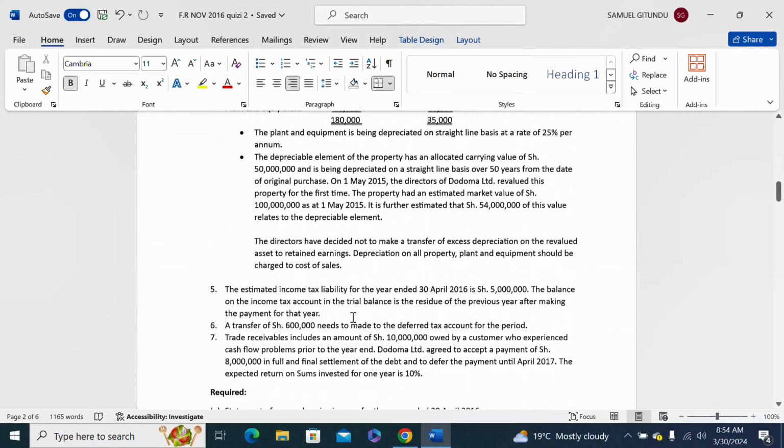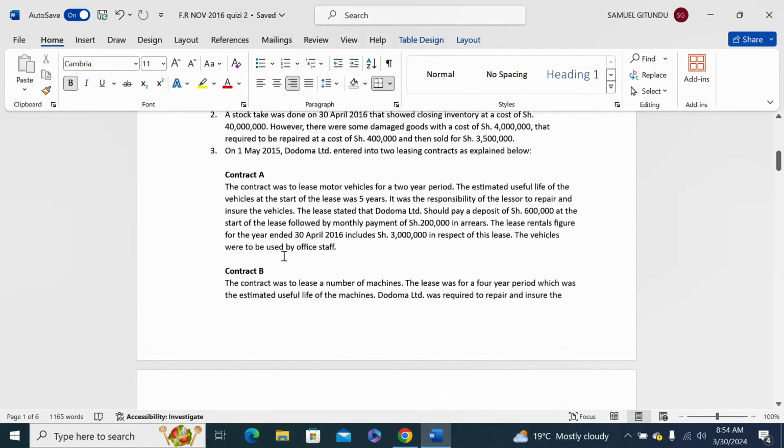So, if the vehicles were to be used by office staff, then the interest that we are going to calculate here is going to be classified as a distribution expense because the vehicles were being used by office staff.